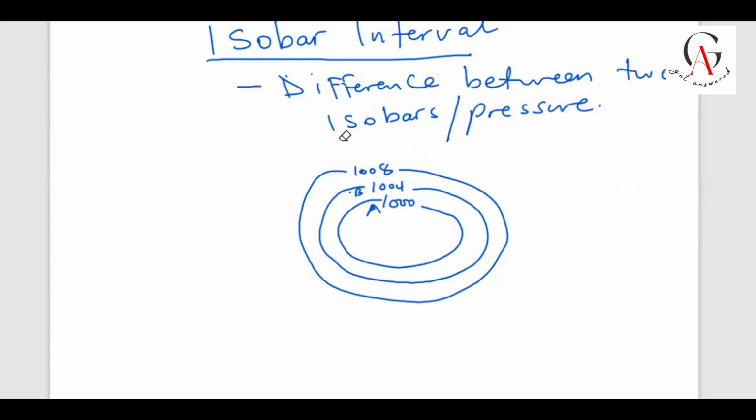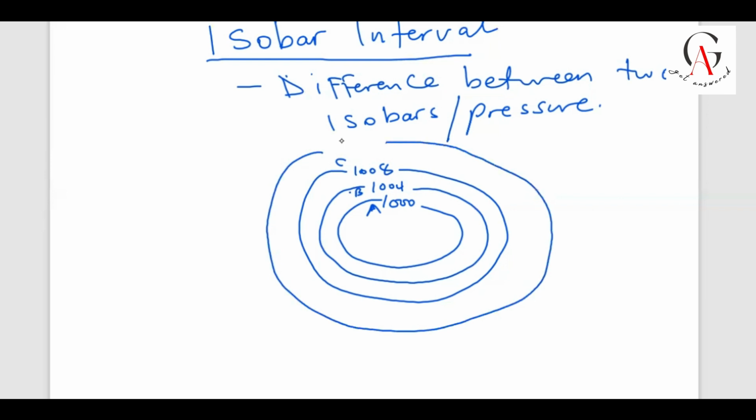What do I mean by that? Because I could ask you, what is the pressure at point X? Since we're dealing with isobars, you'd say, at A it was 1000, at B 1004, at C 1008, then at X, since we are adding 4, it's going to be 1012.